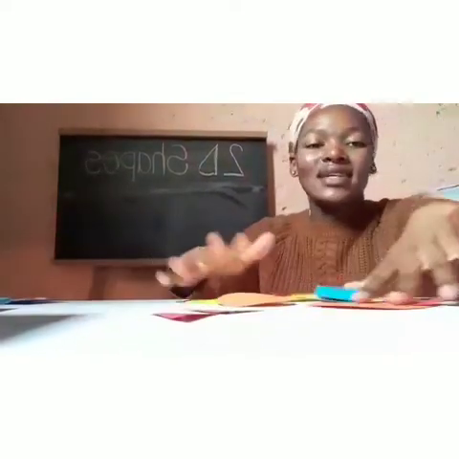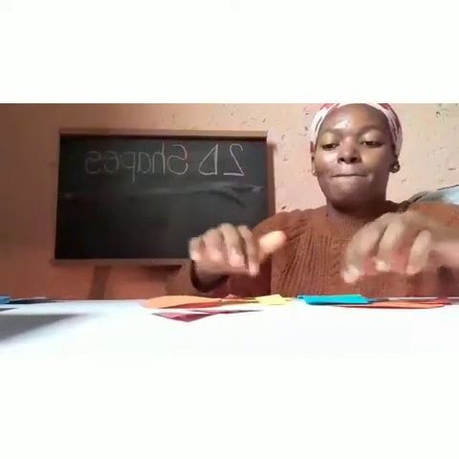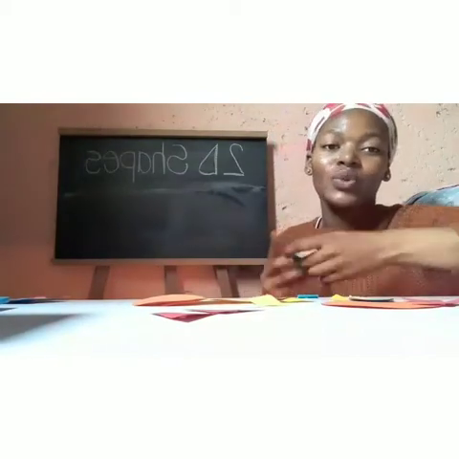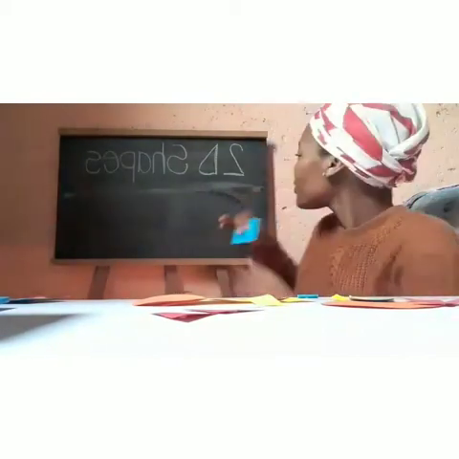Now that we know about the forms of shapes, I want us to rearrange all the shapes using their forms. Okay, so I have all the shapes here scattered, and we're going to rearrange them in their own category. Okay, so we have a square.